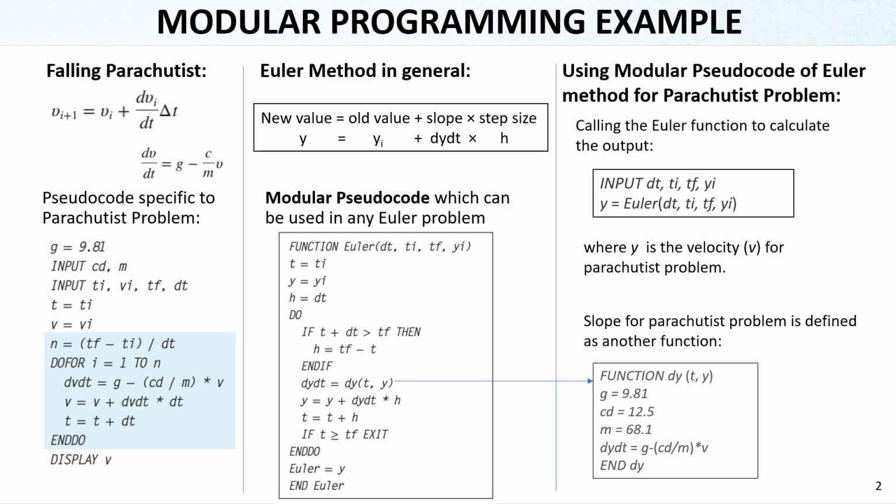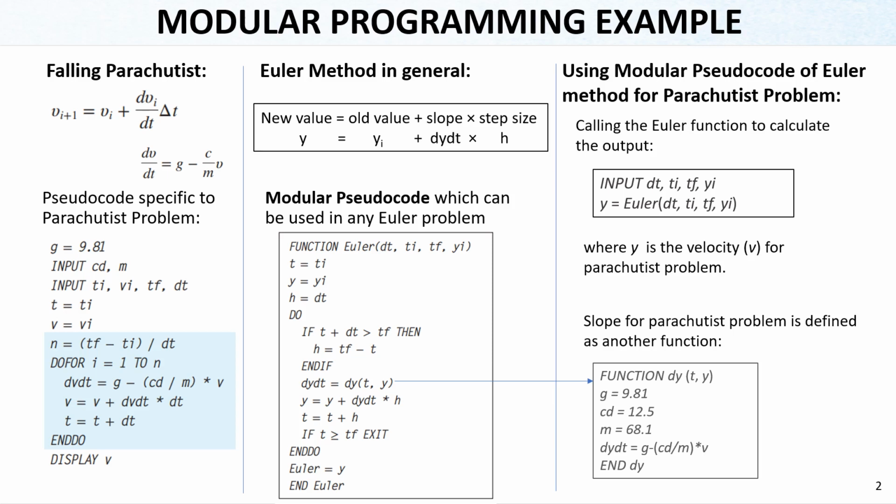So we can create our own code for this specific parachutist problem, but instead we can use the modularity approach and try to generalize the code as an Euler method, for example. Then we can use that in the parachutist problem.